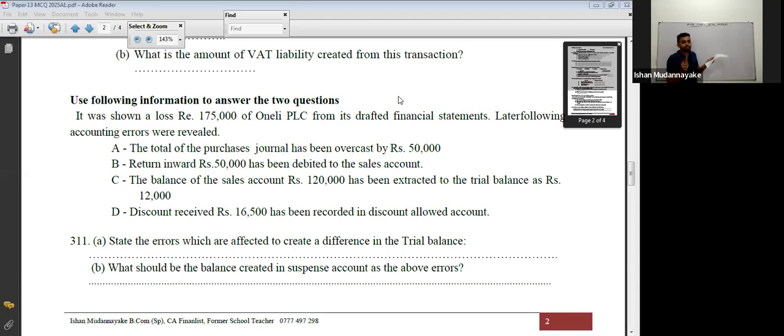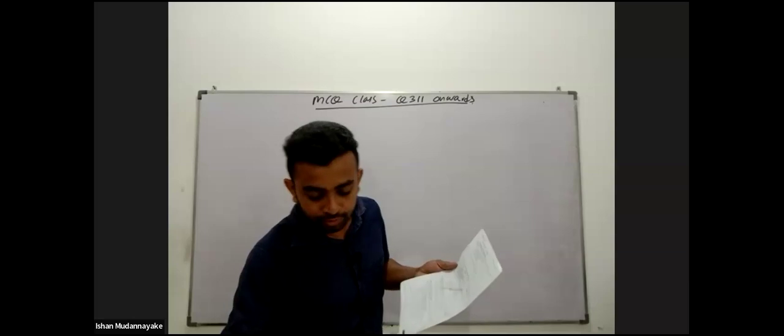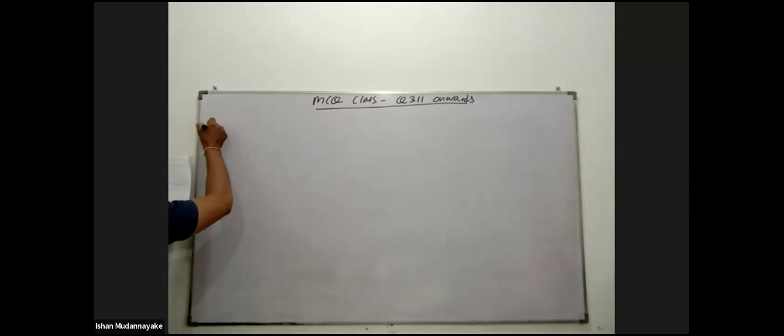The accountant of the business passed double entries for the total, then transaction A will not impact the agreement of the trial balance.